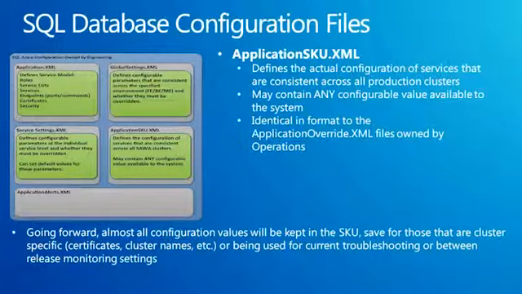In general, the SKU is meant to define parameters that are specific to a particular machine architecture or type, or generally applicable to a large series of clusters. An example would be settings that are specific to a type of disk that is used generally across all clusters.